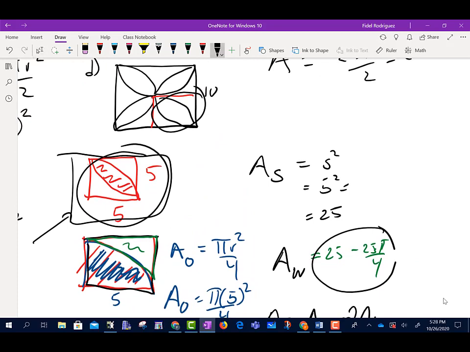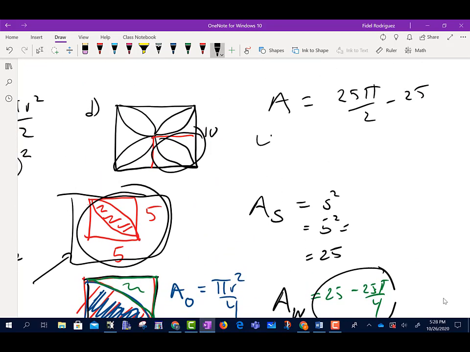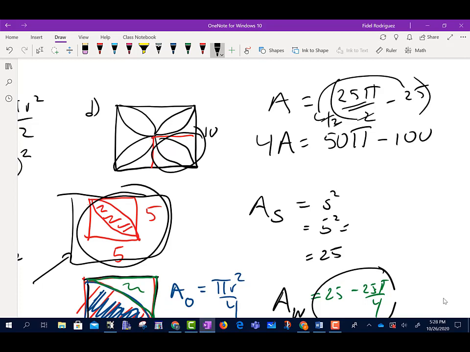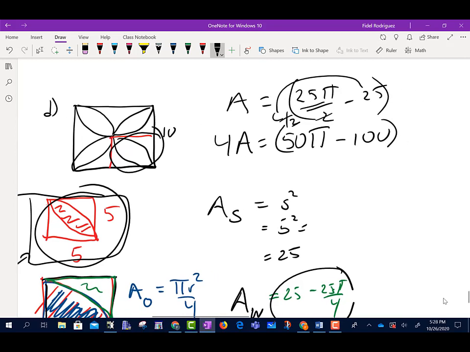Now that was the area of one of those. Now we have 4 of them, so I got to take 4 times that. So if I multiply this guy here by 4, again, this 2 and that 4 will cancel. They'll give me a 2. So 2 times 25, give me a 50 pi. 4 times 25 will give me a 100. This is all going to be in parentheses.